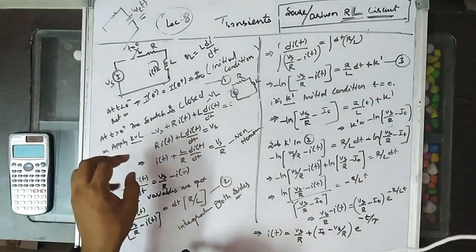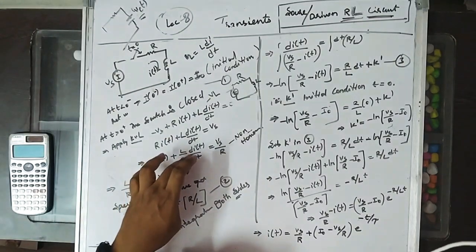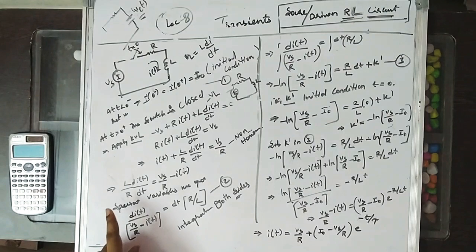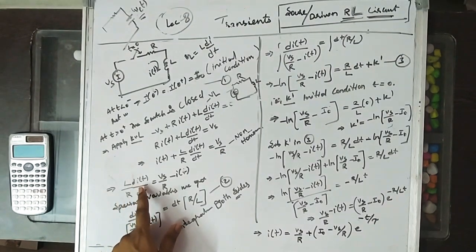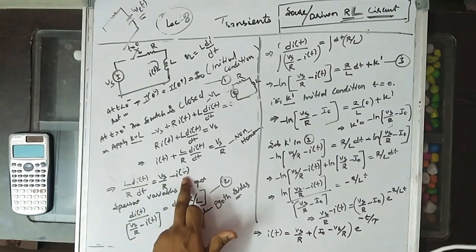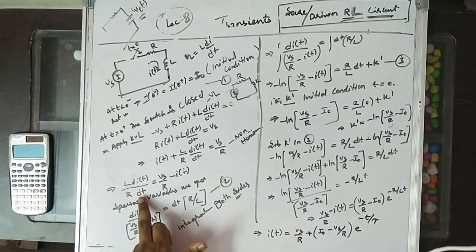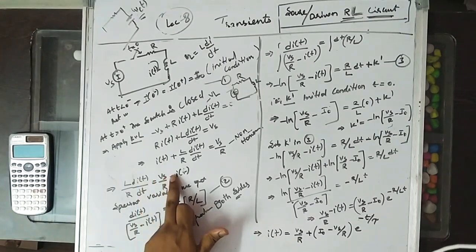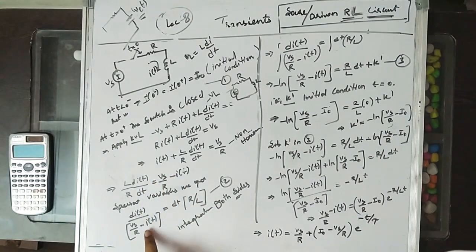For that, we separate the variables, bringing the change in current to one side: di by (Vs by R minus i(t)) equals dt by (L by R). So the denominator goes as Vs minus i R, and dt R by L.